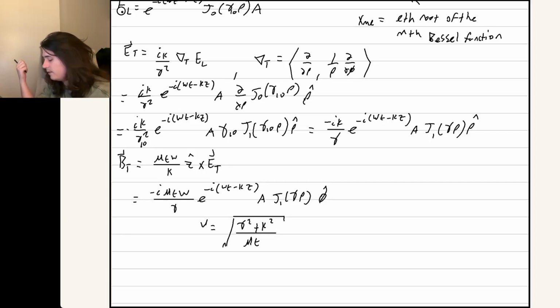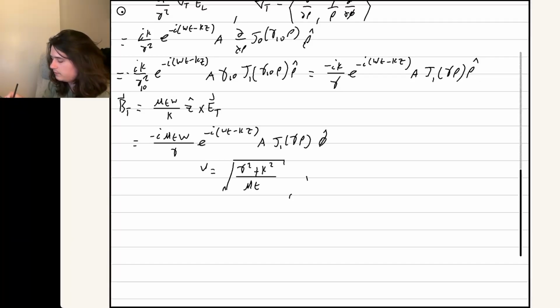So you could get your omega 1, 0 from that. But specifically, I think we're looking for the minimum frequency, which can be found by using that same equation, but just letting k go to 0. So you're going to have gamma 1, 0 over root mu epsilon.